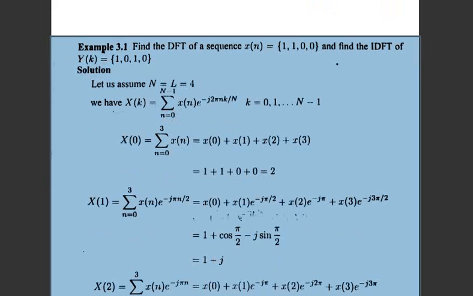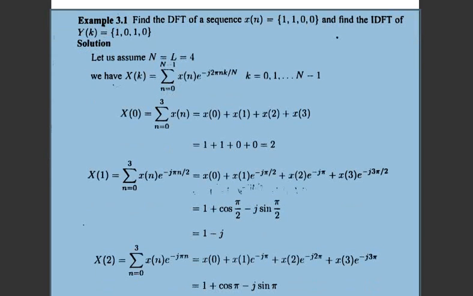Here we have the value of n is 4, and first of all we started with x of 0 by applying the formula of DFT, which is this one. Here n is 4, so n minus 1 is 3, and n equals 0 to 3. Here we have x of 0, 1, 2 till 3, and the result is 2.